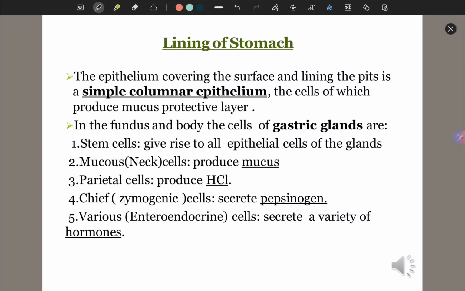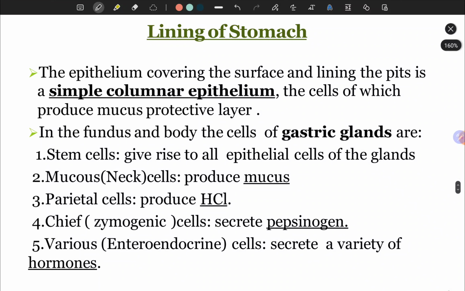And the gastric gland, as I'll show you in the next diagrams and photos, has different types of cells. If we start to count them, we have the stem cells, which give rise to the epithelial cells. And we have mucus or neck cells. They produce mucus, and they are called neck cells because they are found at the neck of the gland.